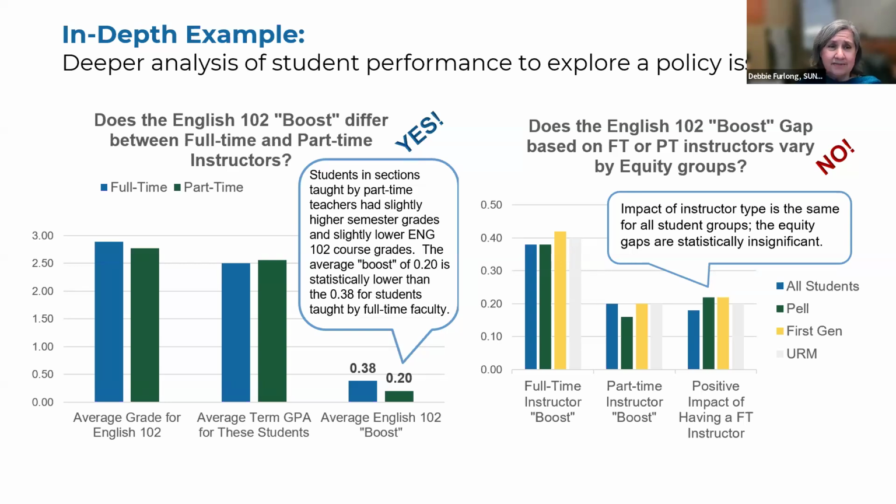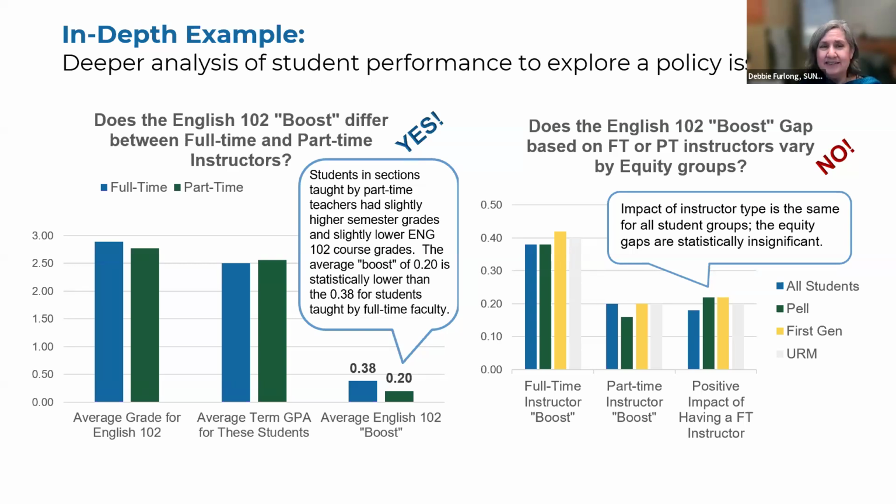It turns out that the students in the full-time teacher classes, for the 3 or 4 years that I looked at, do have a slightly higher average GPA than students in the part-time classes.